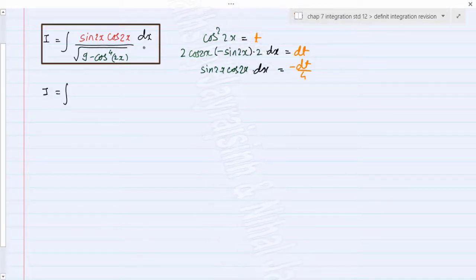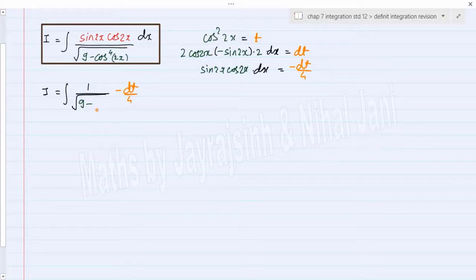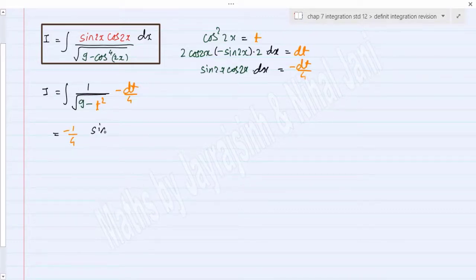So let's modify our integration. The sine 2x cos 2x, dx will become your minus dt by 4, and 1 upon under root of 9 minus cos raised to 4 will be your t square. So this minus 1 by 4 is constant, take it outside, and integration of 1 upon root 9 minus t square is sine inverse t by a, or we can say t by 3, plus c.